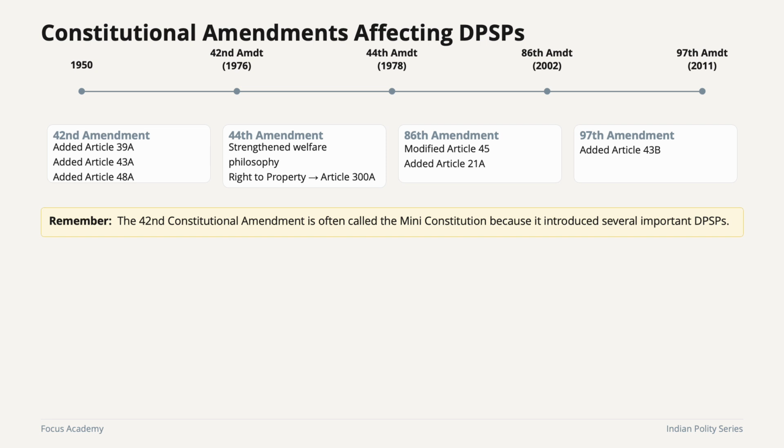It is through the DPSP that they implemented MGNREGA, they provided subsidies and so forth, not through the fundamental rights. Fundamental rights give us political rights, political protection, okay? The existence of political democracy is impossible without social and economic progress, right? So fundamental rights and DPSP go hand in hand.